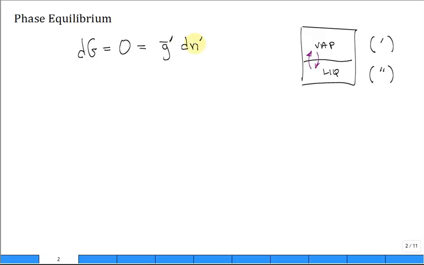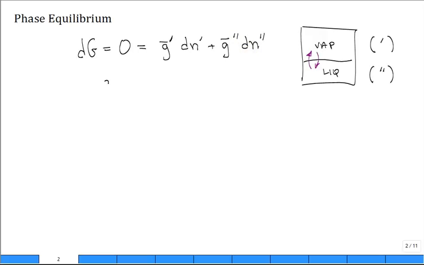That's a change in the number of moles that are in the vapor phase. That could go up or down. We're going to derive this equilibrium condition, but it's an exchange, plus the molar Gibbs function in the other phase, here I say that's liquid for an example, times the change in the amount in the liquid phase.